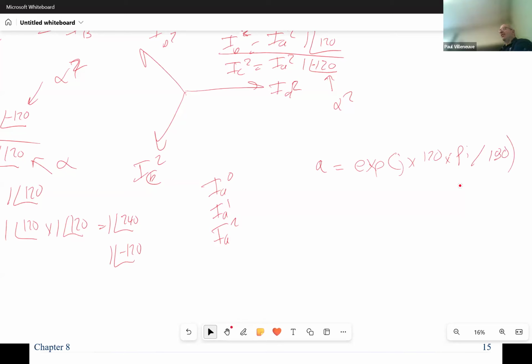In your calculators, you might be able to just do 1 at an angle of 120. I don't know. It just depends on the quality of the calculator you have. But in MATLAB, that's how I would enter that in. And then for my big A matrix, I would go 1, 1, 1, semicolon, 1, A squared, A, semicolon, 1, A, A squared. And that's my little a and my capital A matrix all specified in there.